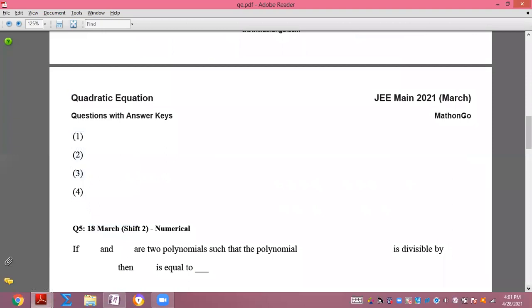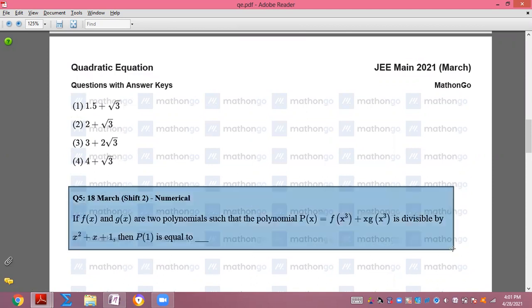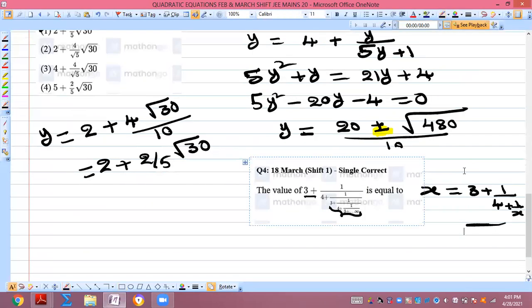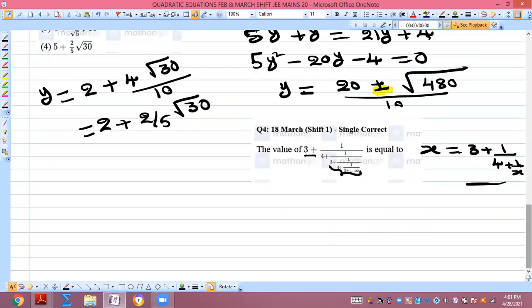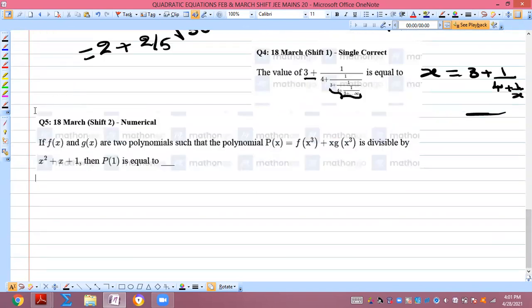So let's move to the last question in March shift. Here f of x and g of x are two polynomials such that p of x is this way.